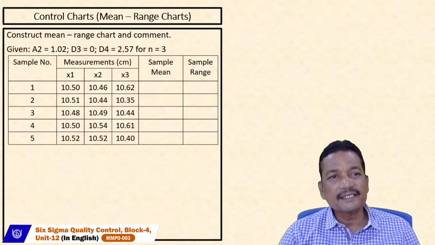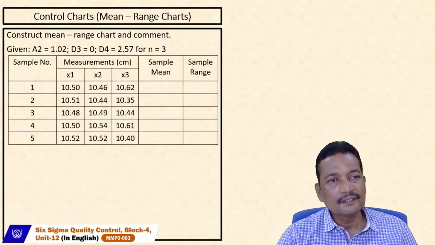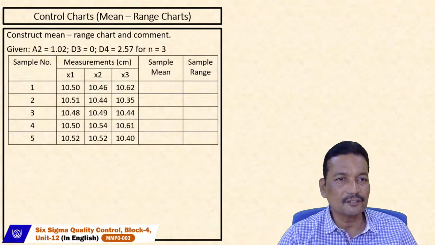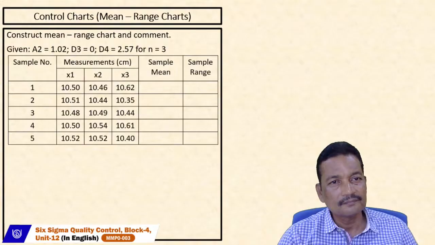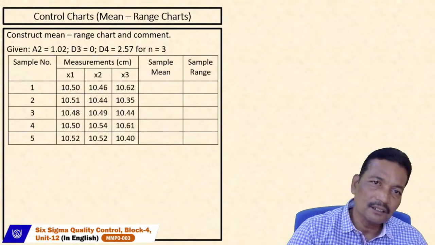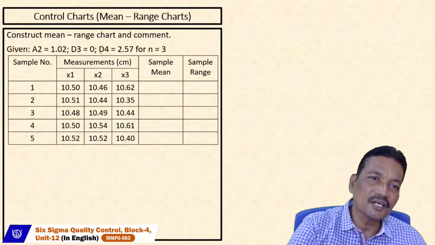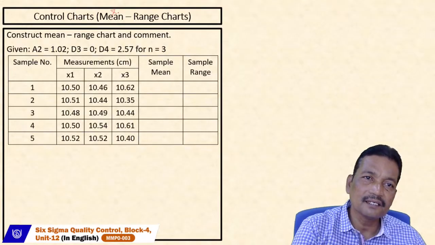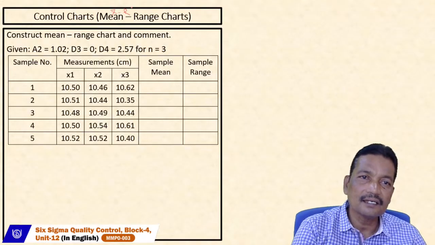Now, as we have said, we shall do some practical problems based on control charts. So we shall look at one of the most important ones, that is mean range charts, or we can call it X bar R chart.